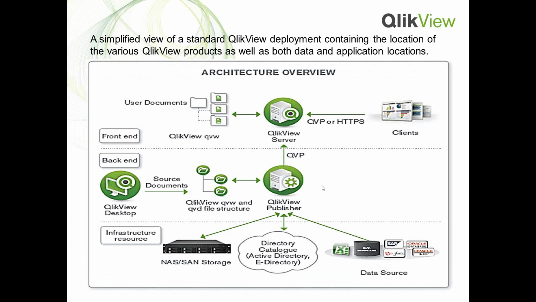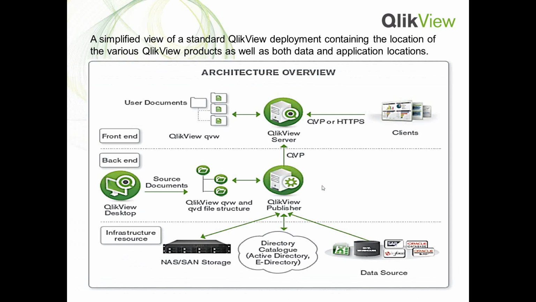Now what happens is, when we have this kind of infrastructure, we cannot refresh the data manually. That's where publisher comes into the picture. When we have a publisher, we can schedule data refreshes or data reloads, as we call it, in the publisher.